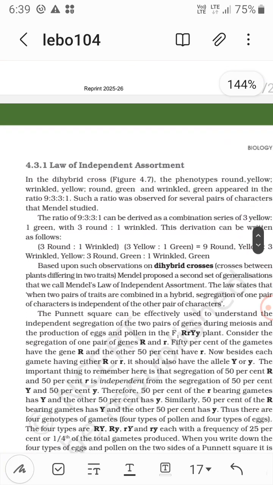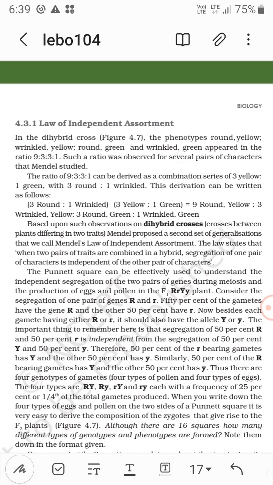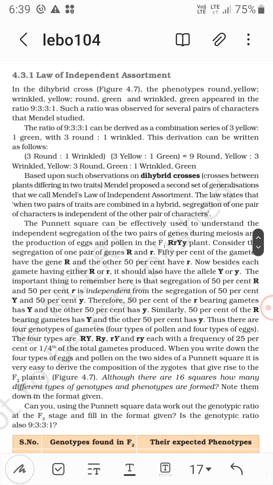Now, law of independent assortment. In the dihybrid cross, the phenotypes round yellow, wrinkle yellow, round green, wrinkle green appeared in the ratio 9:3:3:1. Such a ratio was observed for several pairs of characters that Mendel studied. The ratio of 9:3:3:1 can be derived as a combination of a series of 3 yellow, 1 green with 3 round and 1 wrinkled.